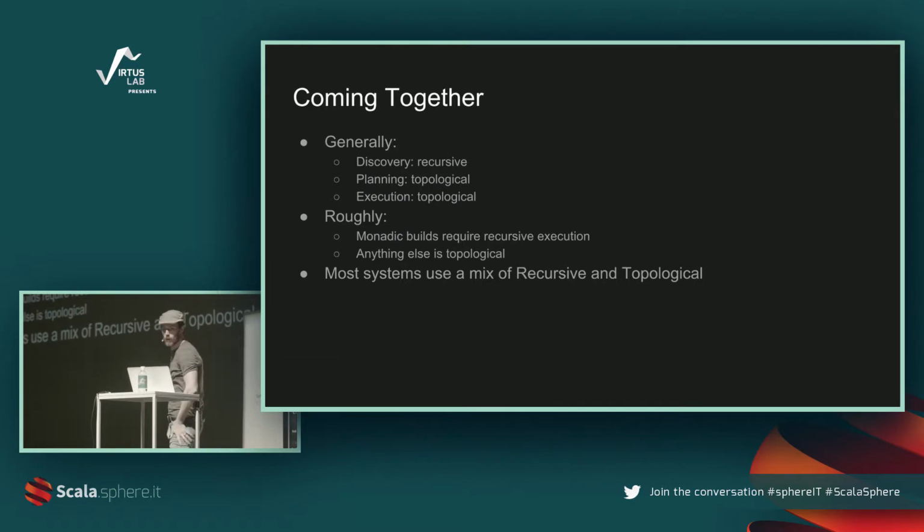But since monadic builds require recursive execution, it's actually sort of the case that Bazel and Mill are already monadic in that first phase where they're discovering build. Certainly Bazel is. While it's going out and walking build files, and while Pants is as well, it's going to execute in a recursive monadic fashion. But after that, the part that you can extend is topological, i.e. applicative. And Bazel and Mill are both explicitly applicative. But an important point here is most systems are using a mix of recursive and topological.